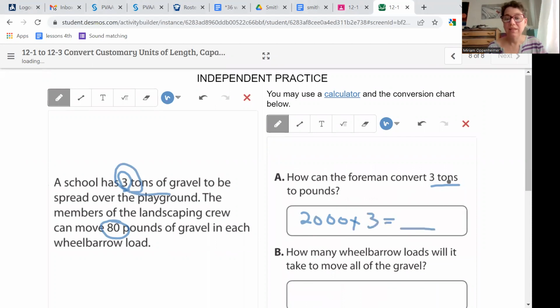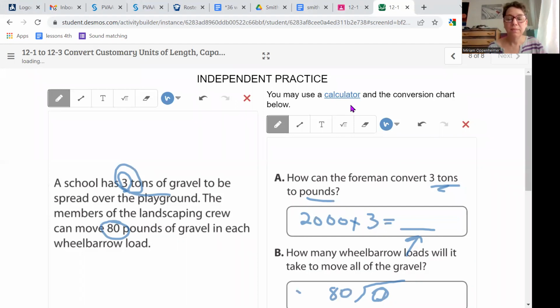I hope not. So 3 tons to pounds. And then here, you're going to take this answer, whatever that is, and then you're going to divide it by 80 because it's 80 pounds. So you have to do that with your calculator that is up here.